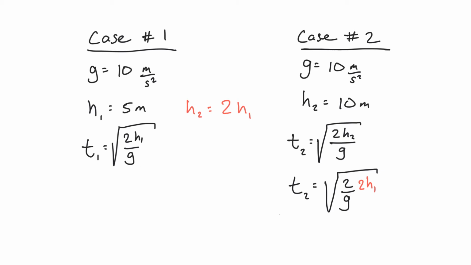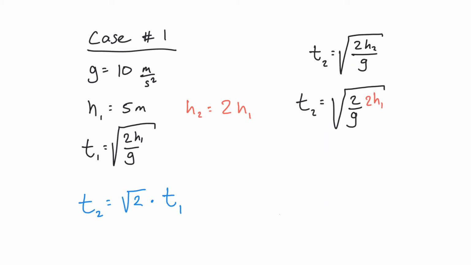Specifically, if you get it right, you're going to find that the time it takes for ball 2 to fall is going to equal the square root of 2 multiplied by the time it takes for ball 1 to fall. So see if you can figure that out on your own. Pause, think, and do some physics.